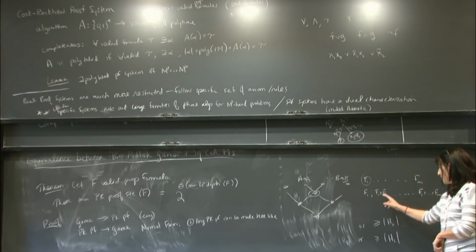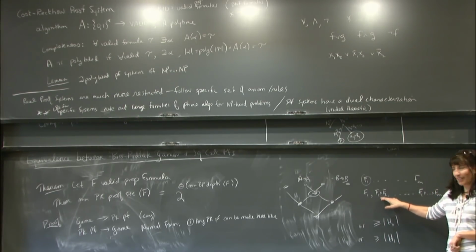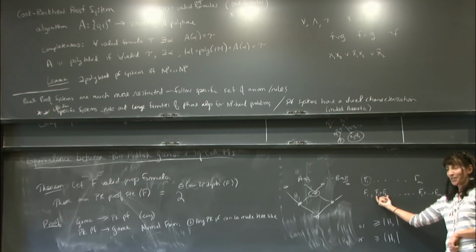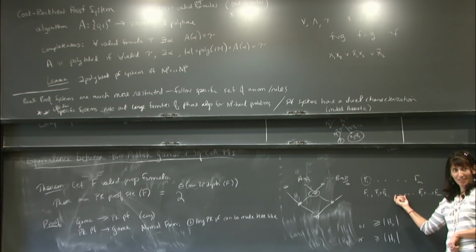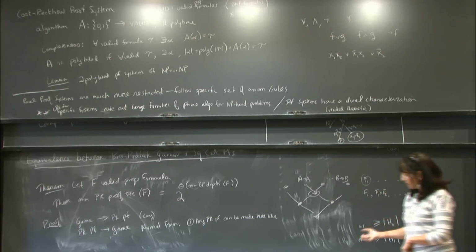I'll just keep all the formulas that I've derived in that step. So I can always just use the previous one to derive the next one. That's how you make a proof tree-like.